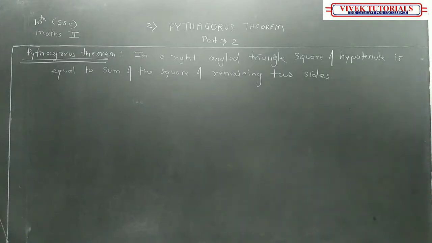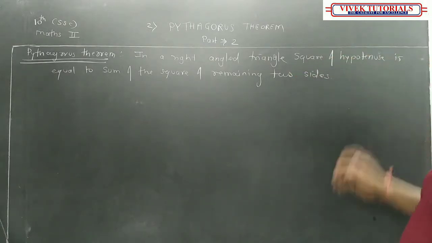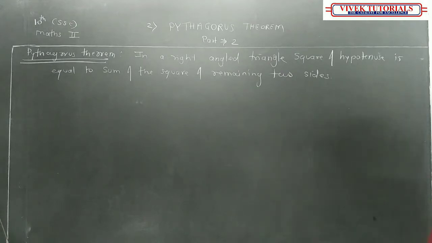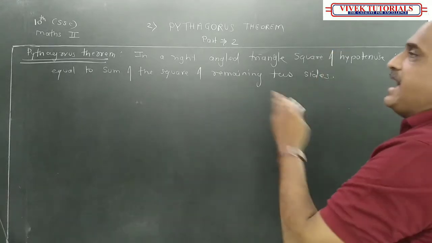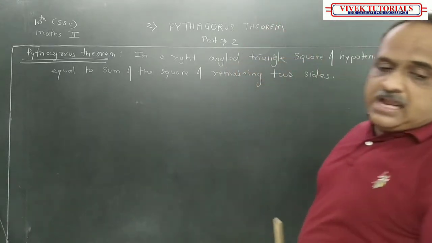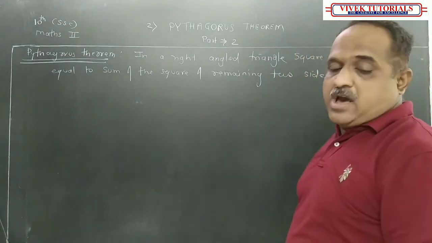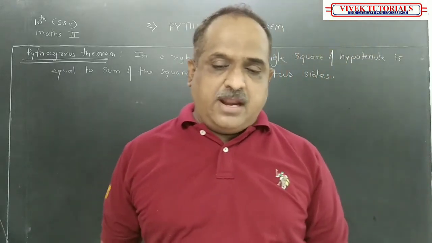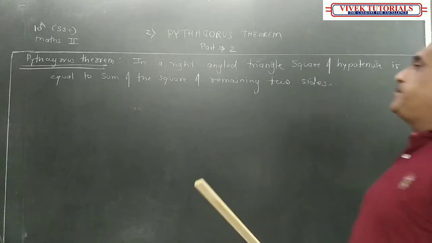Once again, yesterday I had given square of the length one actually, but in a textbook they have given: in a right angle triangle, square of the hypotenuse is equal to sum of the squares of remaining two sides. So I have taken the statement as given in a textbook. In a right angle triangle, square of the hypotenuse is equal to sum of the squares of remaining two sides.